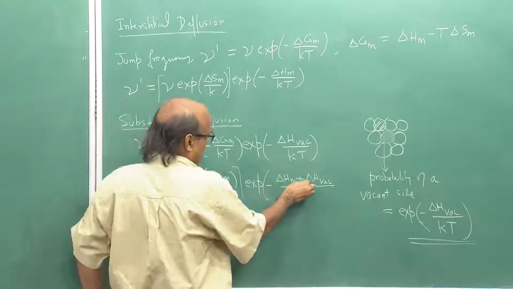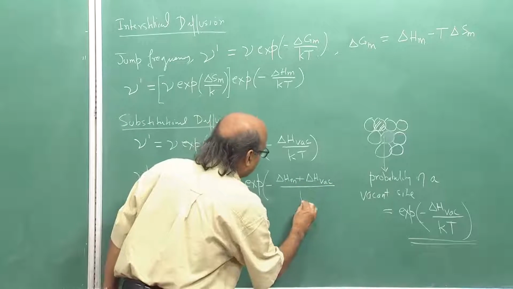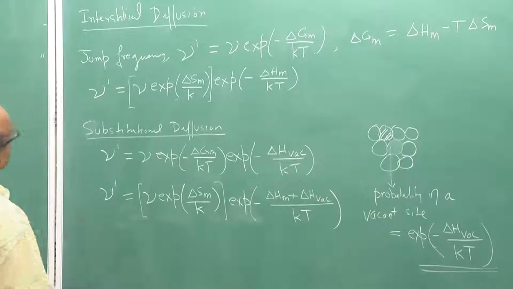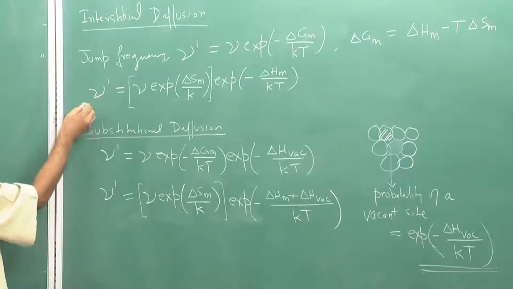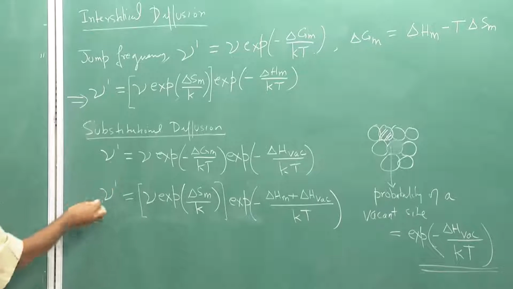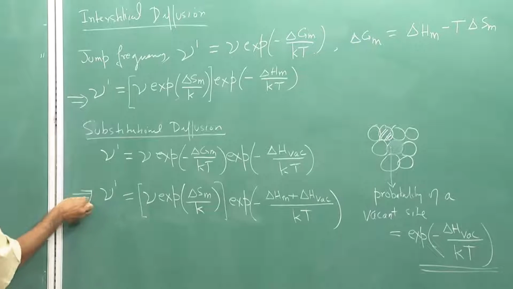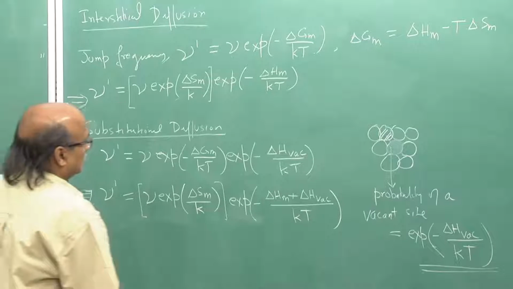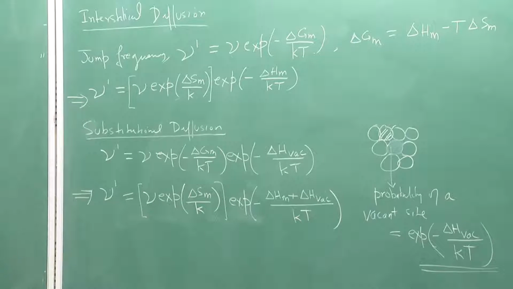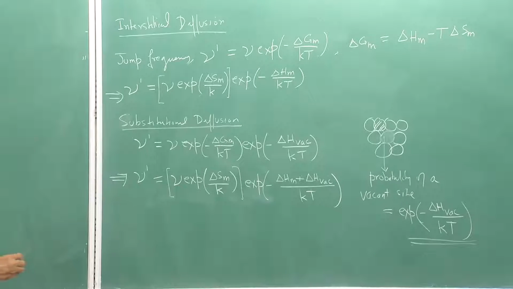So delta Hm plus delta H vac divided by kT. So you can compare the relationship for jump frequency for interstitial diffusion and for substitutional diffusion; the additional difference is simply the enthalpy for creation of vacancy.